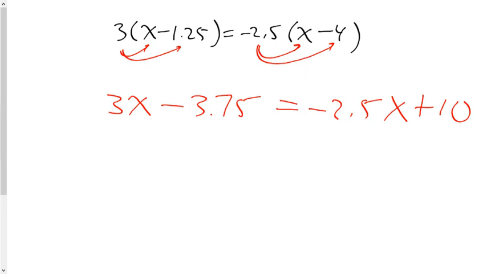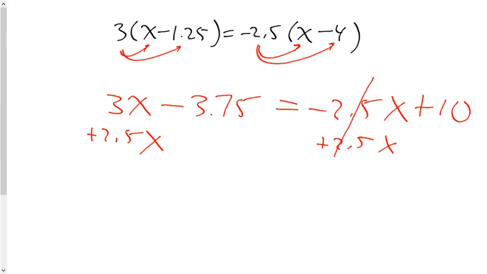Once we do that, Will, what would you do next? I would add 2.5x to both sides as well. Could you subtract 3x from both sides? Yes, you could. Could you add 3.75 to both sides? Yes, you could. Could you subtract 10 from both? Yeah, you could add a donkey to both sides. It's still fine.